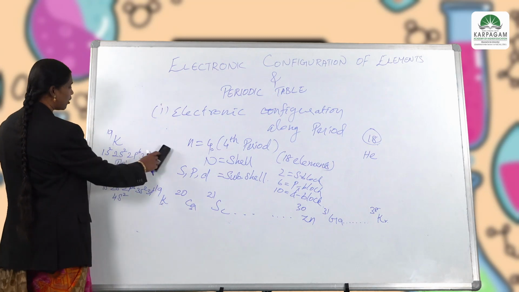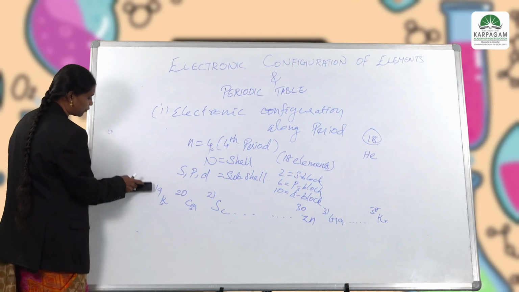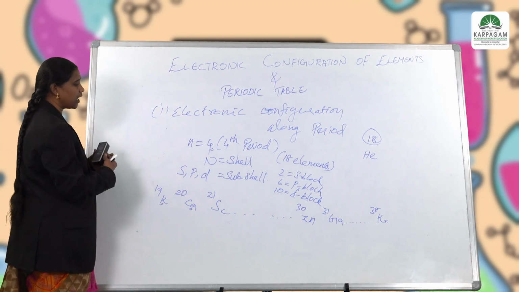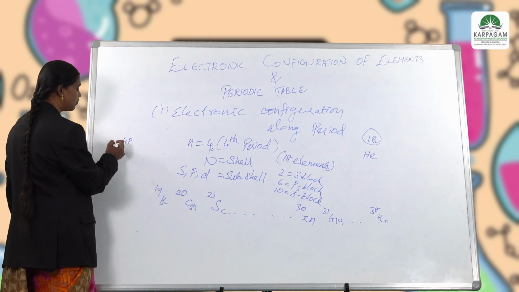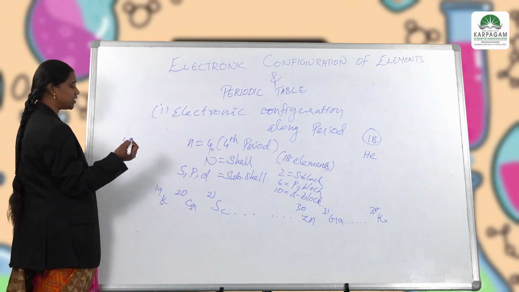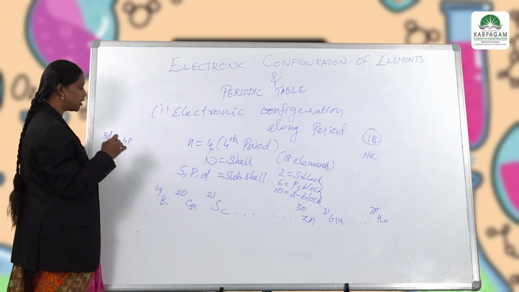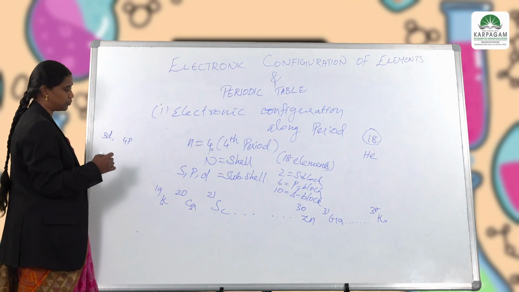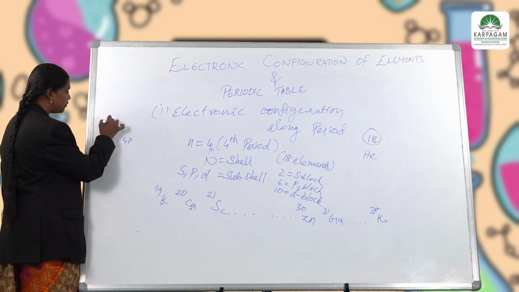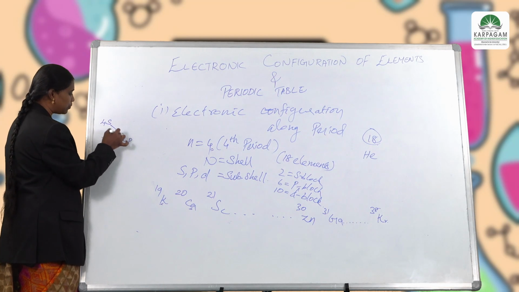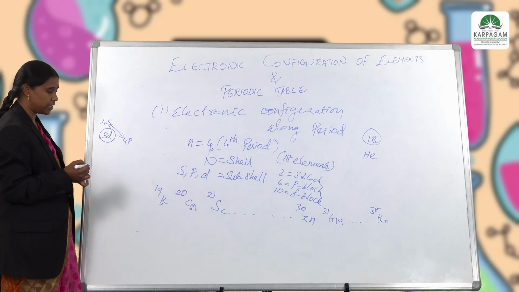And what about the d block elements? After the 4s orbital the electrons would go to 4p, but before 4p there is the 3d energy level, according to the Aufbau principle. So according to this principle, between 4s and 4p there is one existing energy level called 3d.